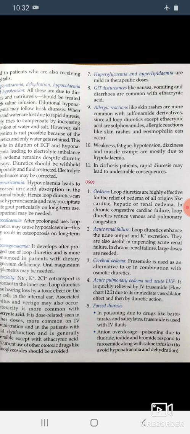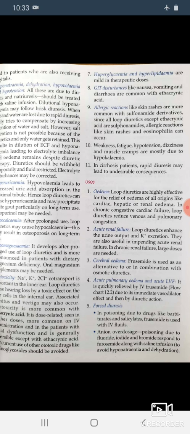So pulmonary edema and left ventricular failure can also be relieved by the use of furosemide. And the fifth use is forced diuresis. Forced diuresis means we should produce diuresis forcefully, meaning immediately, particularly in poisoning. Whenever poison enters the body, if it has entered the GIT, we try to vomit it out and expel the poison. But in other cases, if it enters the body in any other way, then if we produce diuresis through the kidneys, it can be ejected out.